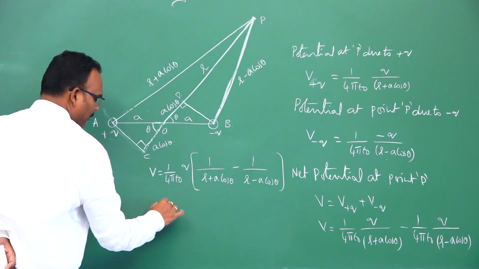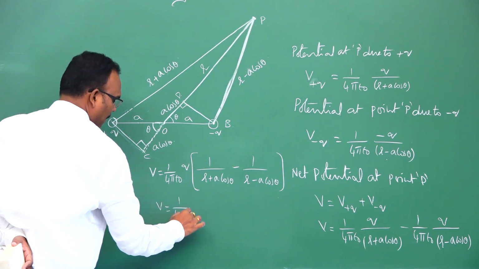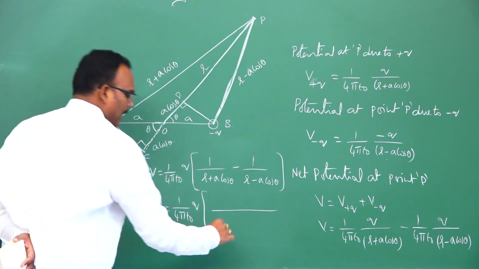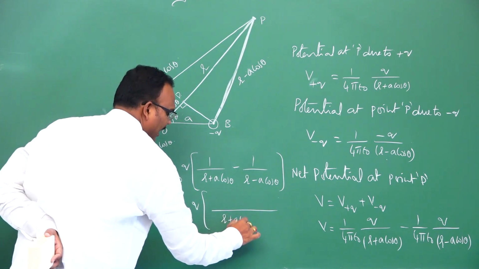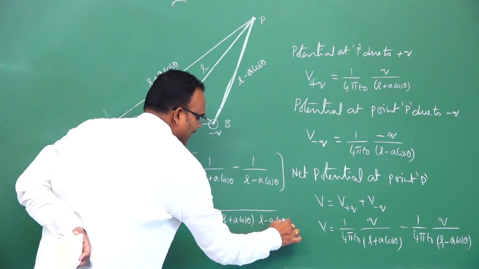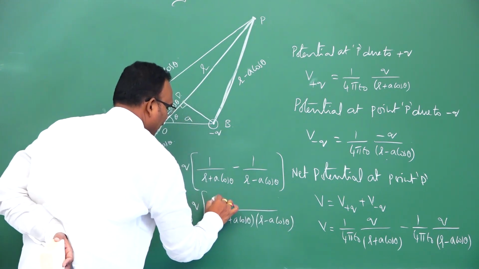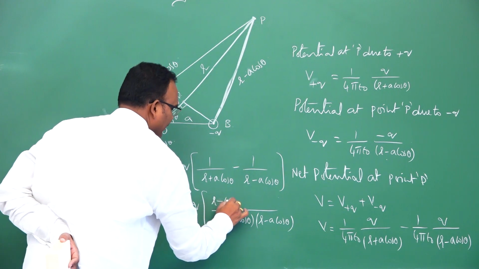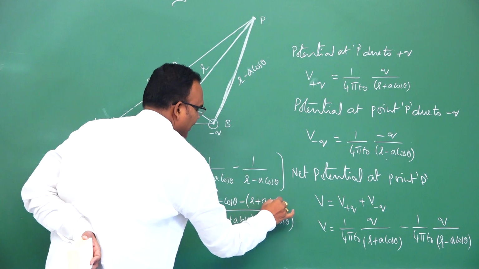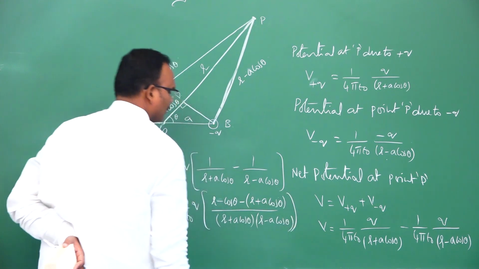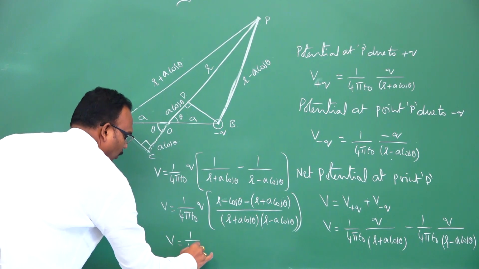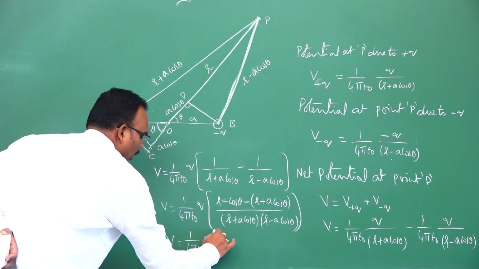If we take LCM, LCM is R plus A cos theta into R minus A cos theta. So here I'll get R minus A cos theta minus of R plus A cos theta. Okay, V is equal to 1 by 4 pi epsilon naught into Q.